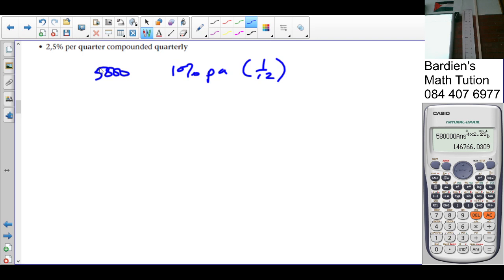I would like to know what the compounded yearly equivalent would be. So you all agree this is a nominal interest rate. Right. So the question is: determine the effective interest rate.